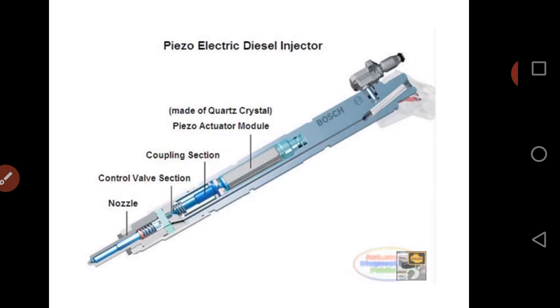Apart from the injectors, we are also using the governor, because with respect to speed and load we have to vary the volume of fuel, and that will be done by the governor. So in this piezoelectric injector, we are using piezoelectric technology to open and close the fuel injector at extremely high speed.